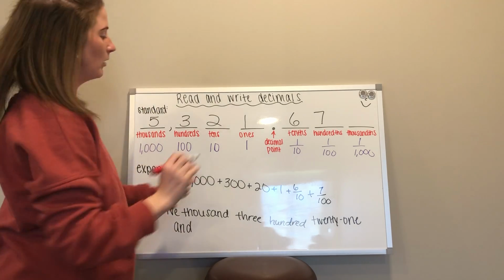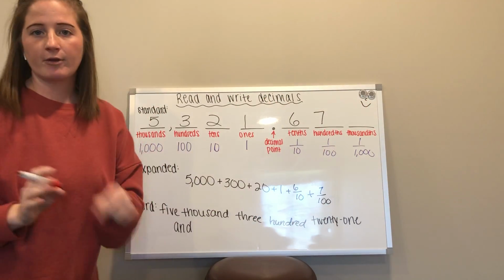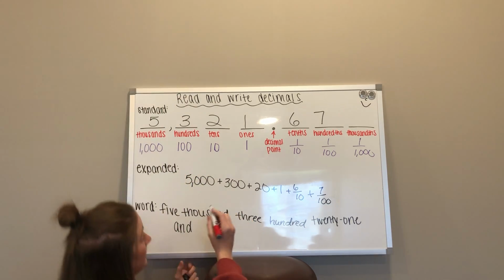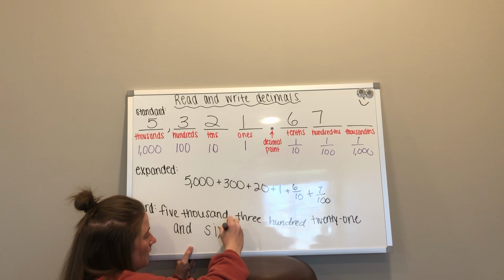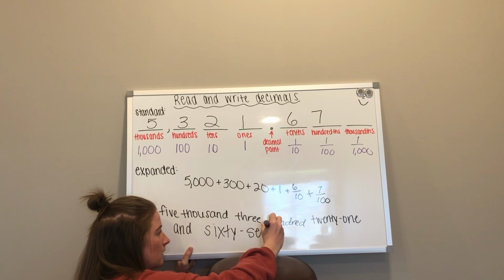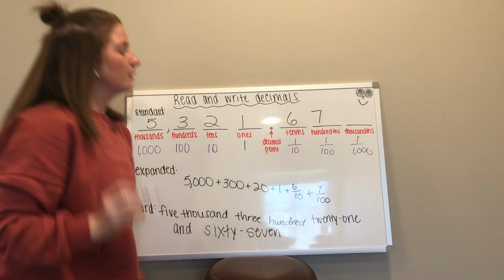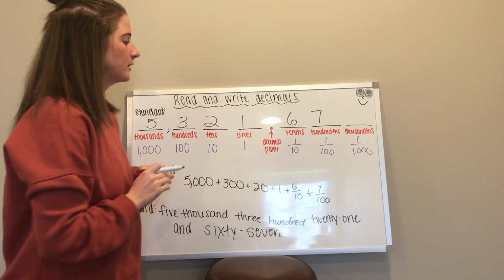Okay, now I want you to read me this number like it was in a decimal, 6 and 7. 6 and 7 would be 67. Okay, now the last word is the last place that you have for a decimal.